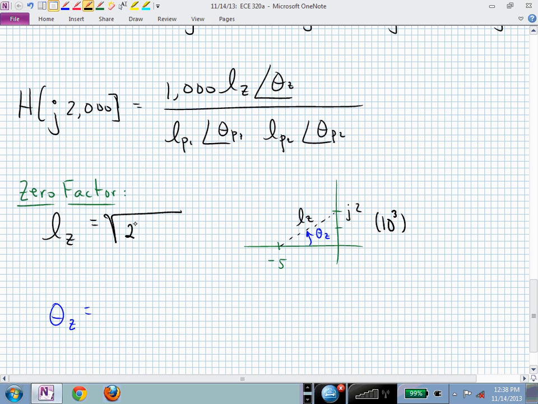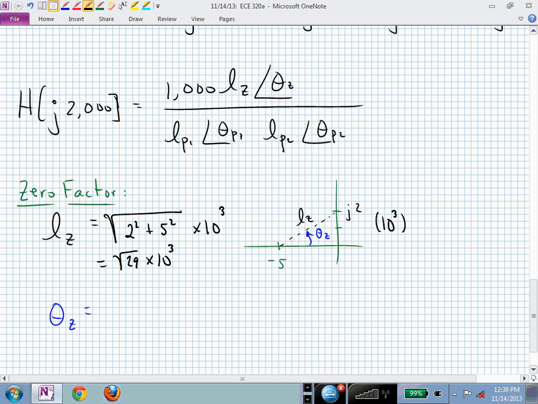So it's 2,000 squared plus 5,000 squared, isn't it? And I'm going to simply keep that scaling factor to the right so that my computation of the square root doesn't get so big in terms of numbers. But now this is equal to the square root of 29 times 1,000.